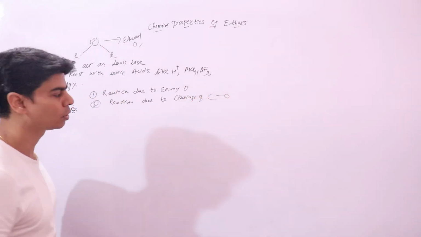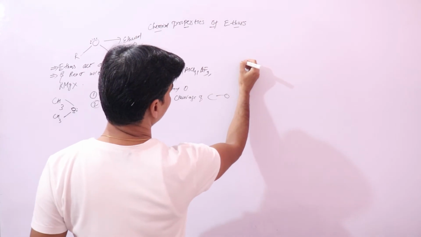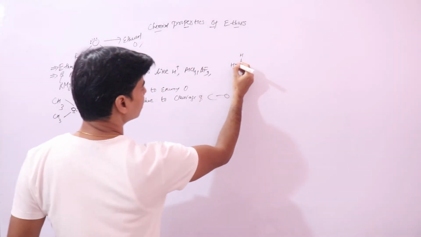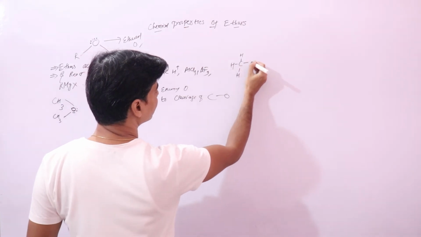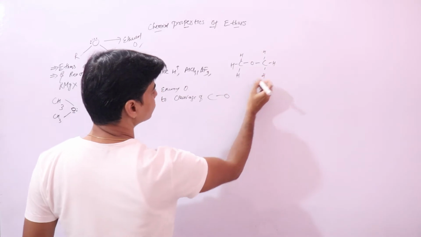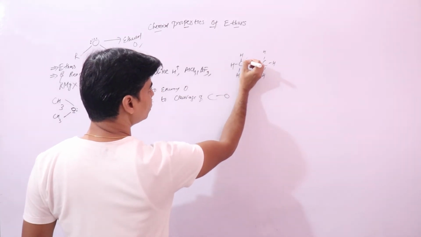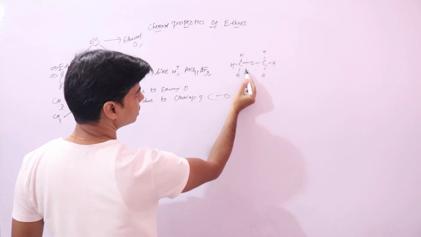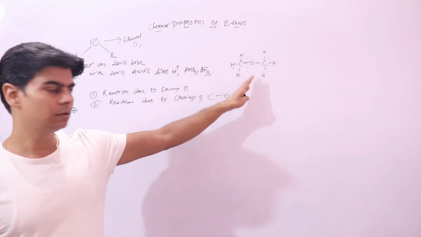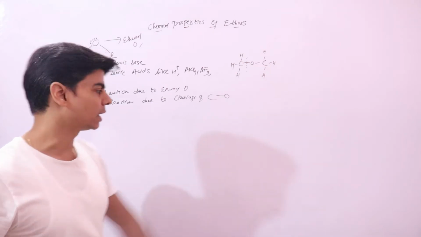Now where does the C-O bond exist? If we just expand this, some reactions occur due to the dissociation, the cleavage, of this C-O bond. We will look into these types of reactions.